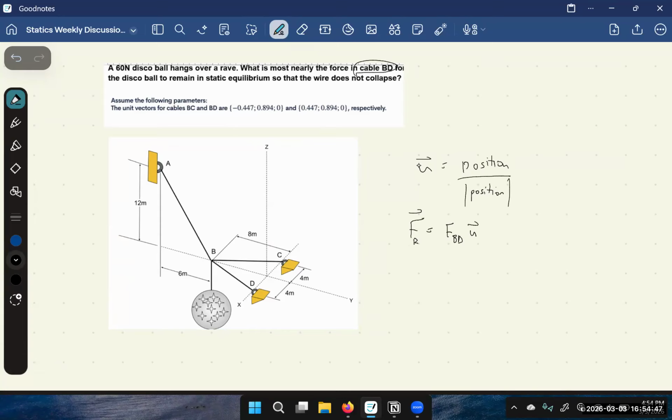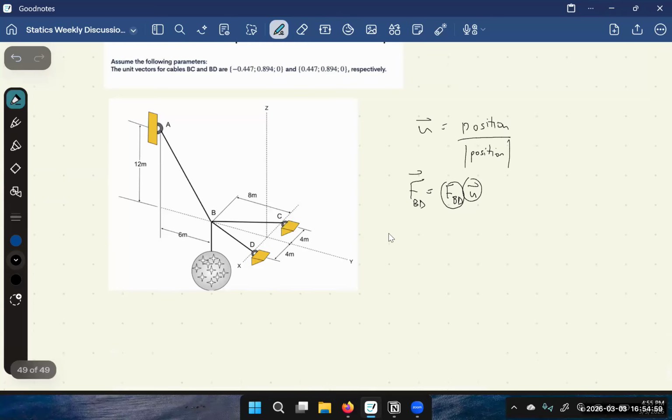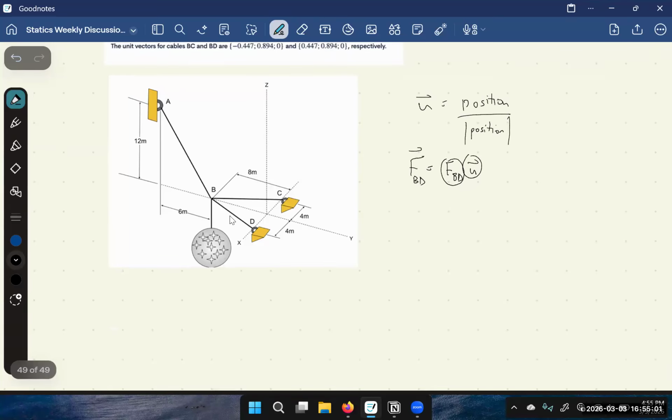So this is the force as a vector: you have the magnitude FBD, times the unit vector. So to do this, we're going to get the unit vector for all of the cables, BD, BC, and BA.